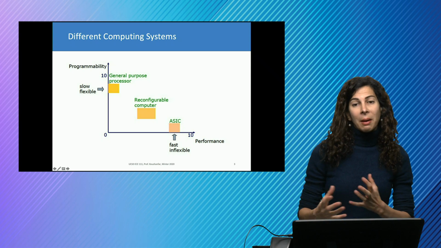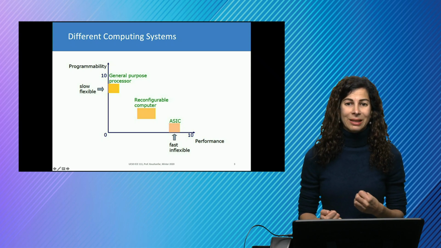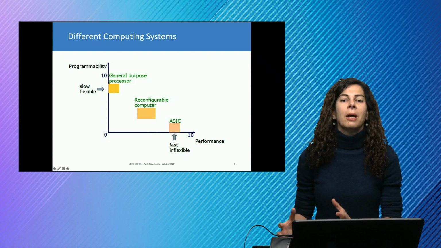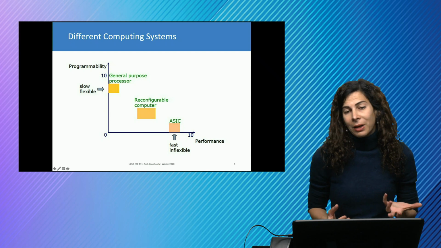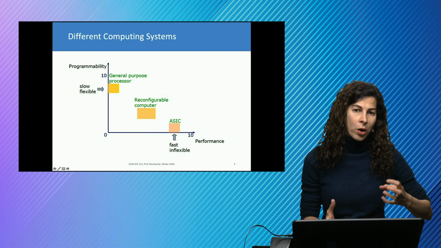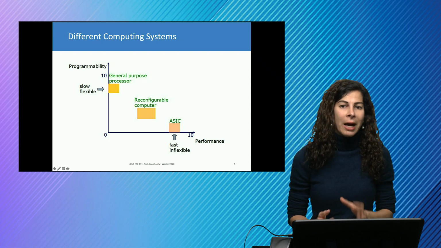So if a company has a high volume of production, then its economy of scale makes sense to go through the costs of making an ASIC chip. If this is used many times, then it's worth going down and making that inflexible platform that is highly optimized.